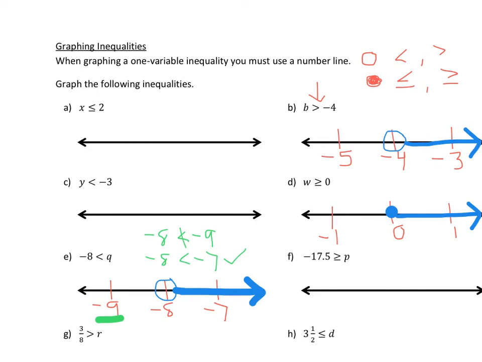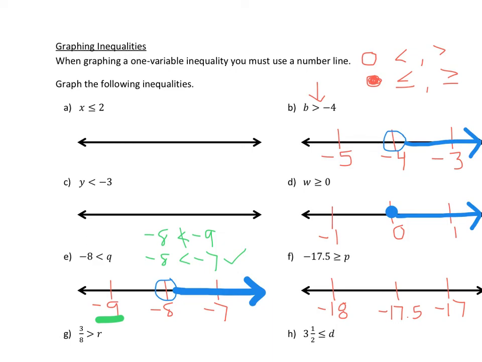Letter F. -17.5 is greater than or equal to P. So I have -17.5. This time I'm going to count by halves. This would be -18, and this would be -17. You could count by ones or twos or whatever you want, really, as long as you're consistent.